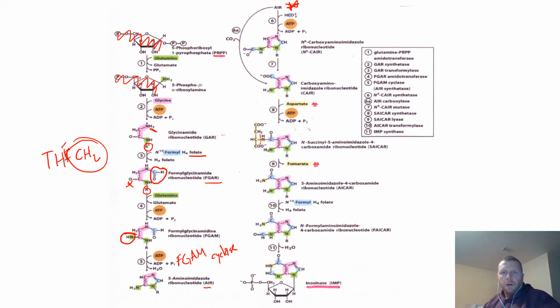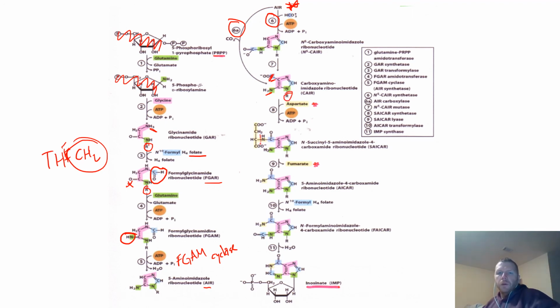This AIR is either going to go the route of the 6A reaction or the 6 reaction. If it goes the route of 6A, we're going to be adding the CO2 right up here at the top, farther away from our R group.